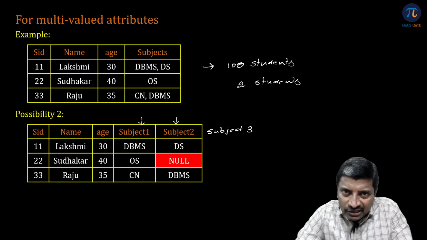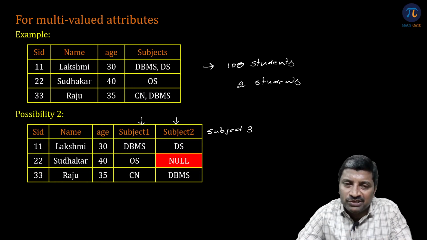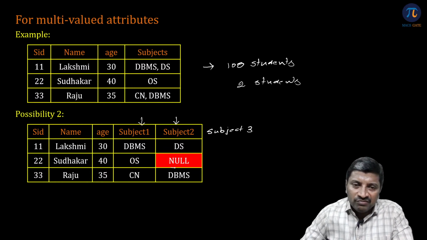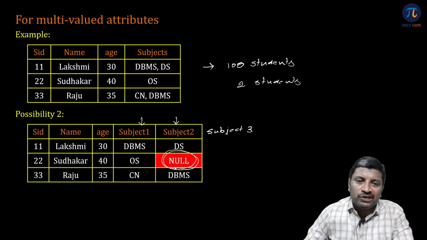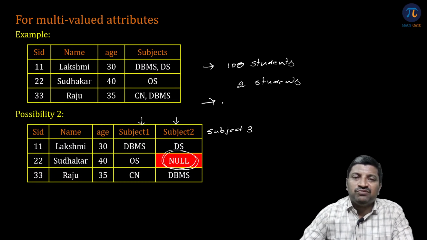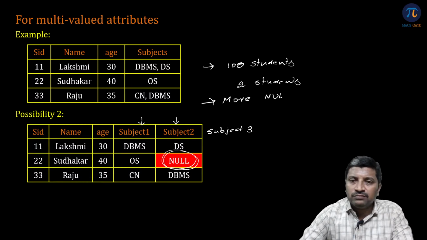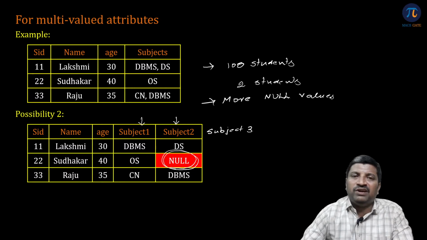All the remaining 98 students have registered only 1 subject. Then what will happen, sir? We will get null values for all those 98 students. So that means we will get more null values.